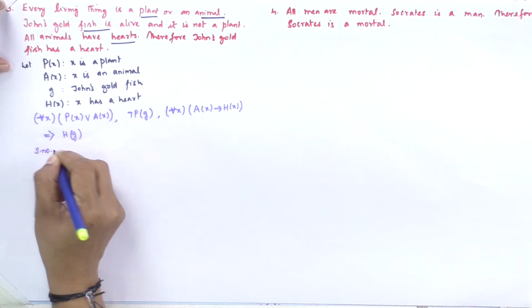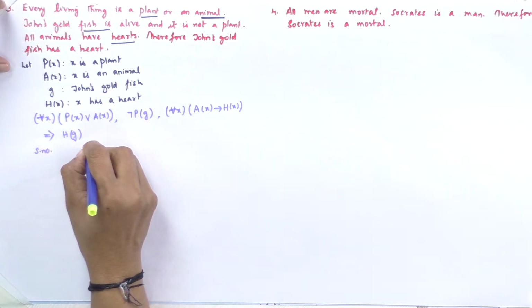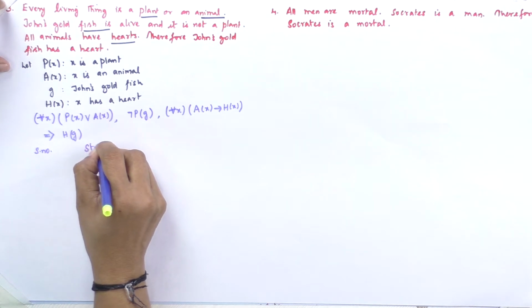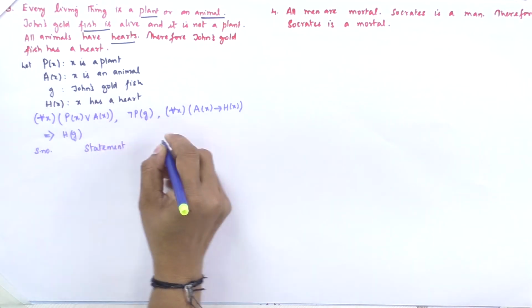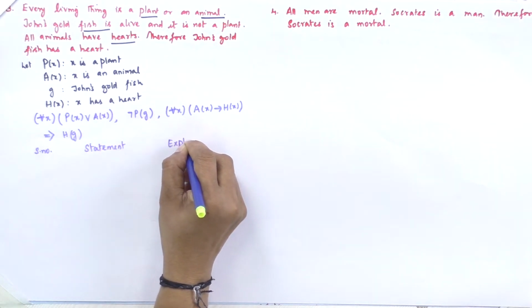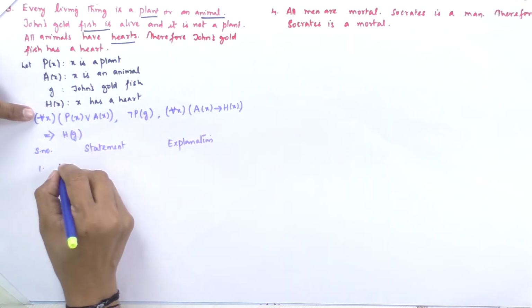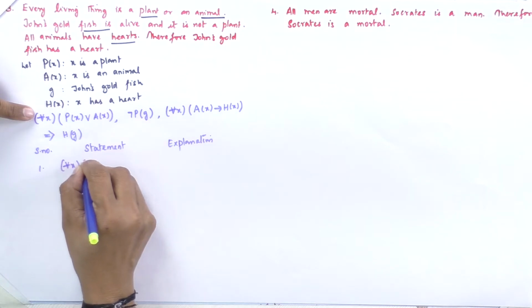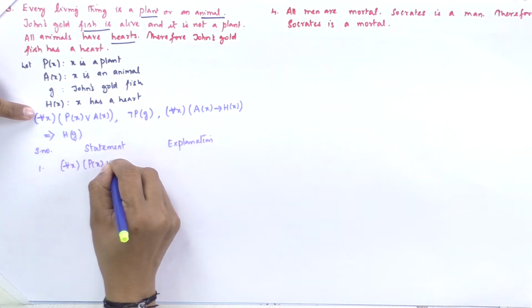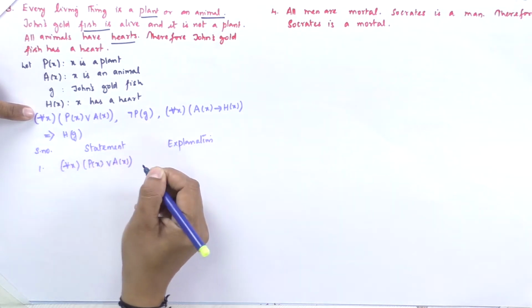So we have the serial number, the statement, then the explanation part. First thing is that we will take this: for all x, P of x or A of x.